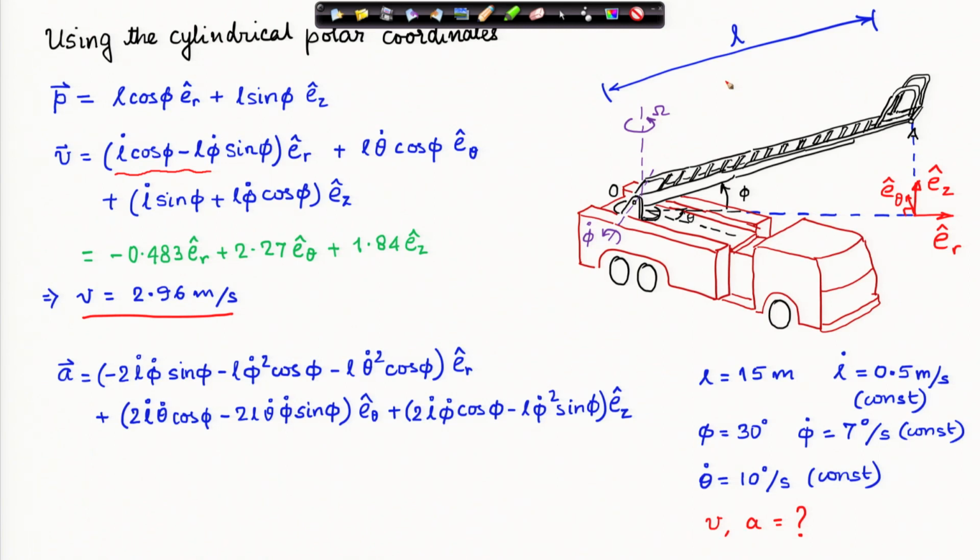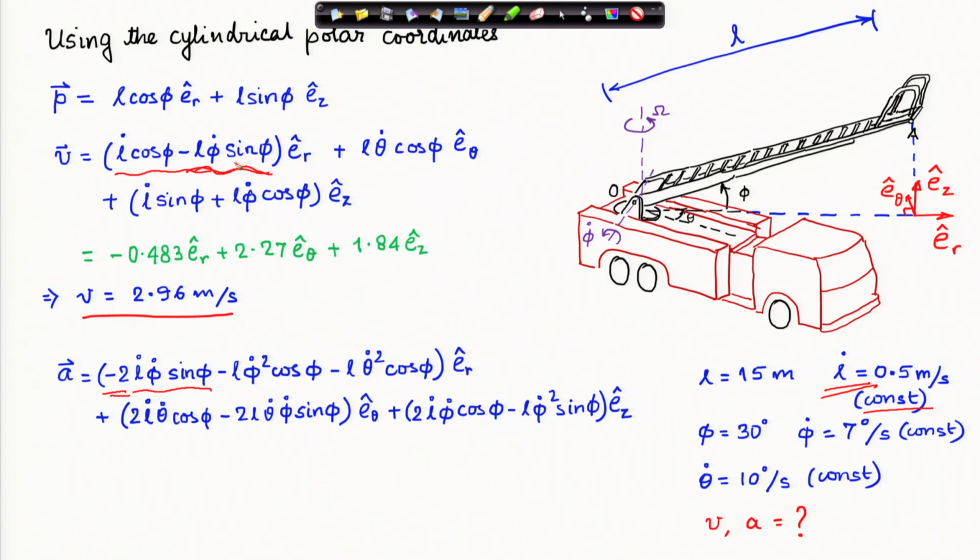You remember L dot is constant, so therefore L double dot is 0, so that does not figure in this expression. Then I will have minus L phi double dot sin phi, and from another place I will have a derivative of L dot phi dot sin phi, which I will get again from here with a negative sign. So, this becomes minus 2 L dot phi dot sin phi.